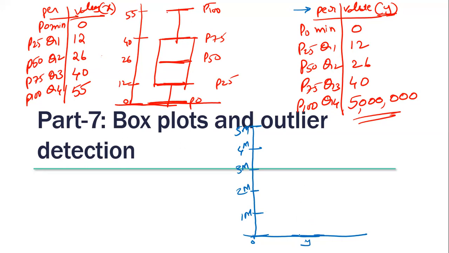Where will it come? Somewhere here only, yes or no? Yes, sir. What is the 50 percentile value? 26. Where will it come? Here only, because from here to here it is 10 lakhs. What is the 75 percentile value? 40. What is the maximum value? 100 percentile value?